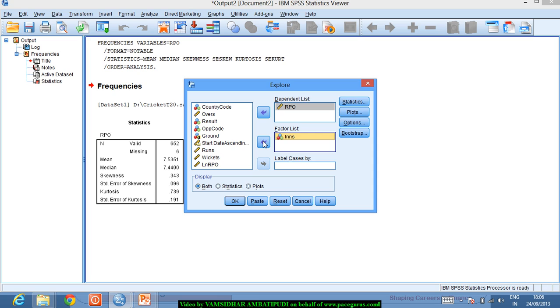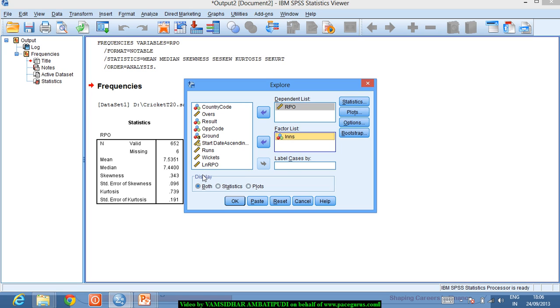First innings and second innings, is the runs per over the same? And if there is any outlier, I want the outlier to be identified by some ID associated with the case. Otherwise, it will give me the record number. So let me leave it off. It will give me the record number.